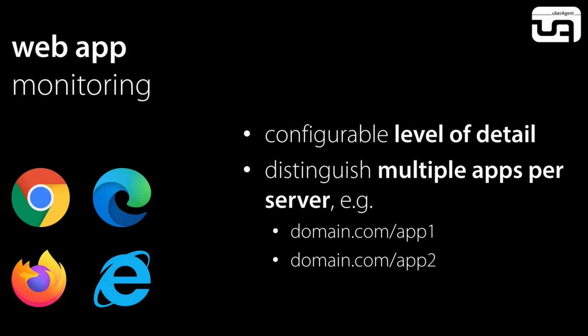And with this configurable level of detail, you can specify just how much of the URL you want uberAgent to capture. So you could ask uberAgent, yeah, please give me the first level of the path, as seen in this example. You could instruct it to give you the first two levels of the path, the entire path, whatever you need, and you can do that per domain.